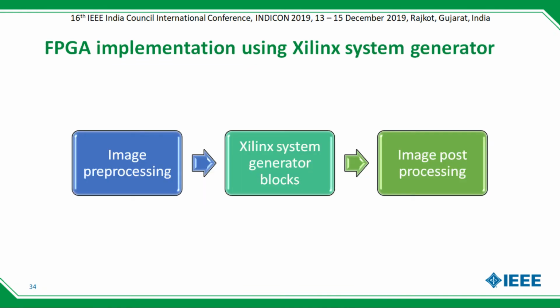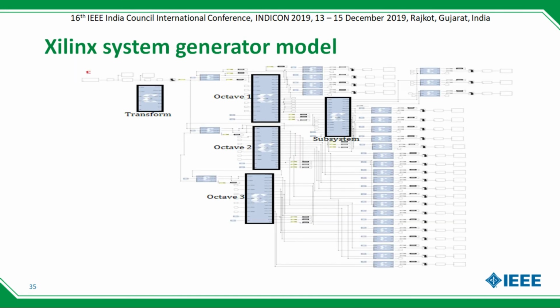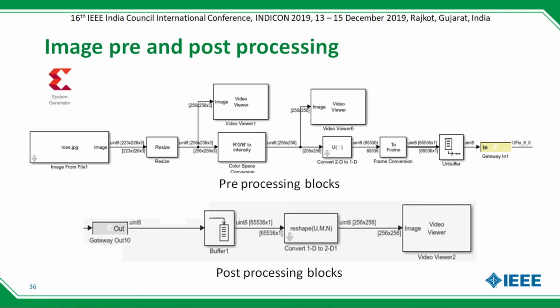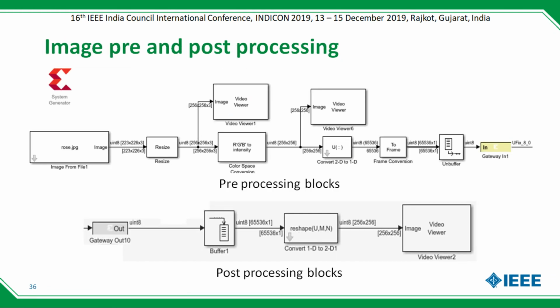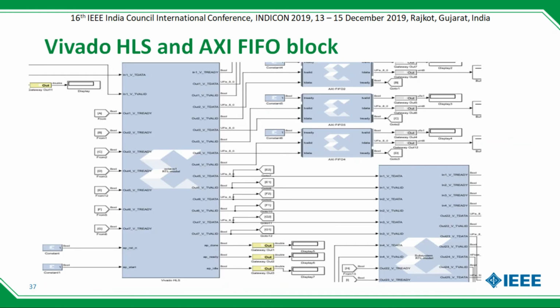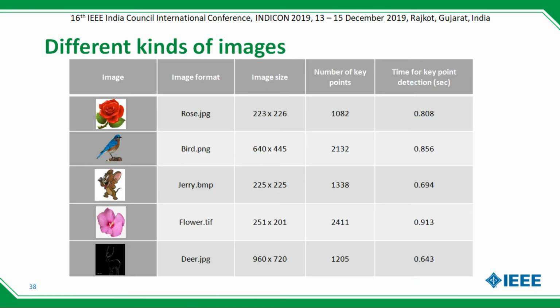I have also tried this in Xilinx System Generator. This is the whole model. Here it's not visible, so I have expanded it. This part forms the image pre-processing, and these form the image post-processing. This is the inside blocks, one of the parts. Here the main octave 1 code stands, and these are the extra blocks for connecting them.